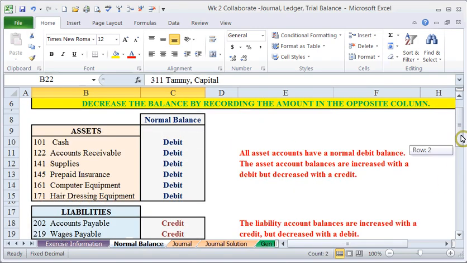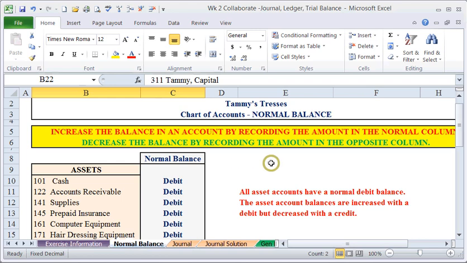Now, we need to keep in mind that we use the normal balance to tell us how we will record increases and decreases. Accounts with a normal debit balance are increased with a debit, and they're decreased with a credit. Accounts with a normal credit balance are increased with a credit, but they're decreased just the opposite with a debit.